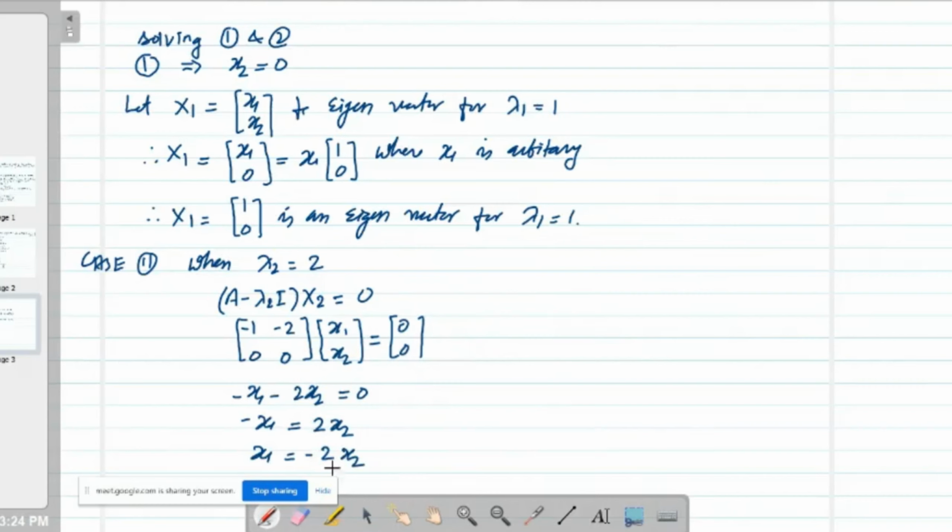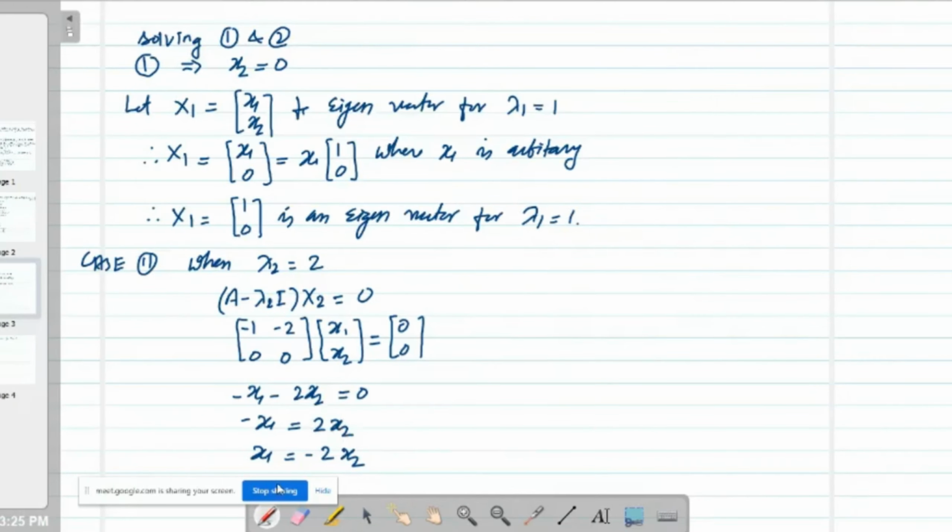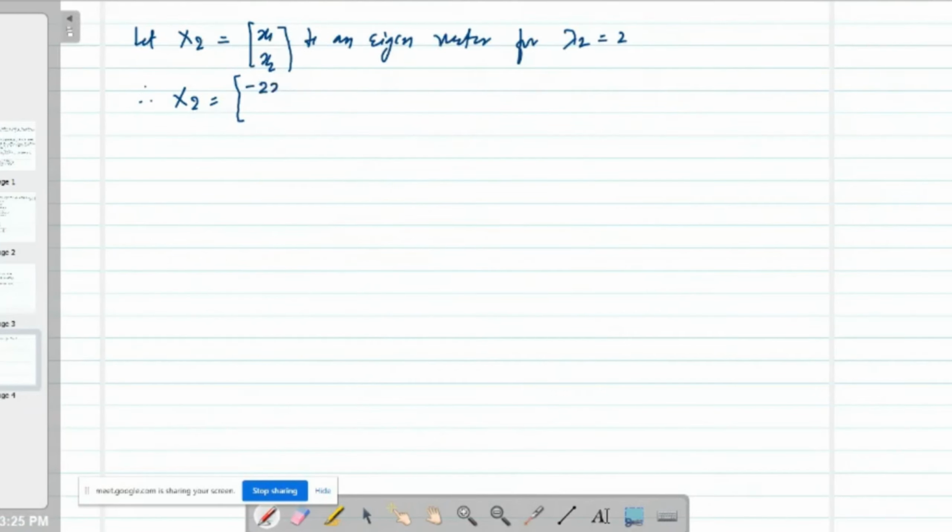So let x1, x2 be an eigenvector for lambda 2 equal to 2. Therefore x1 is minus 2 times x2, and x2 is x2 as it is.